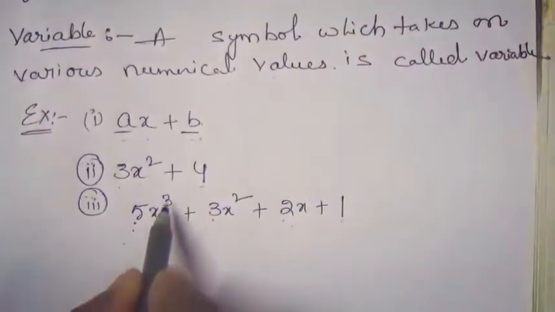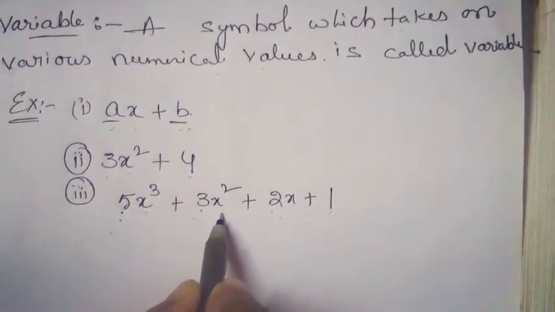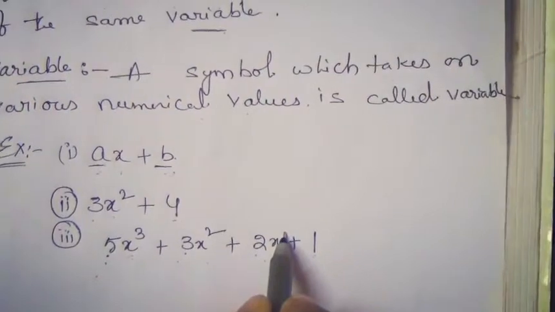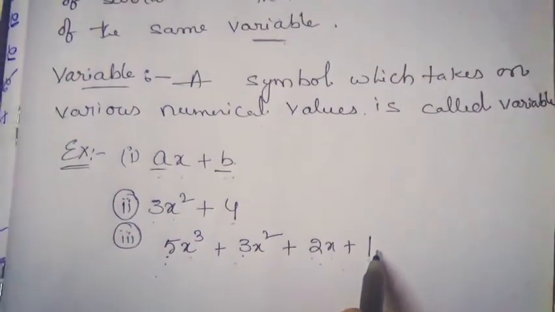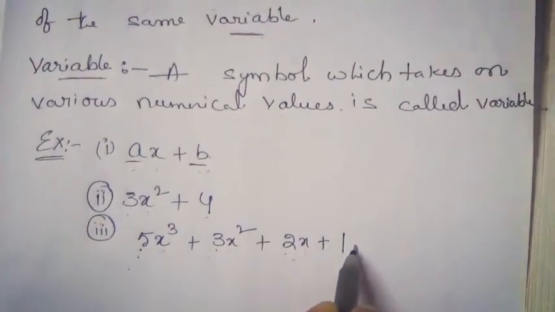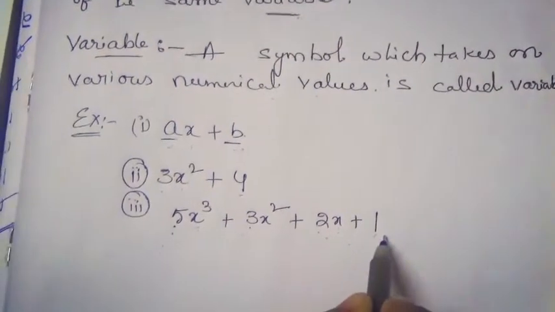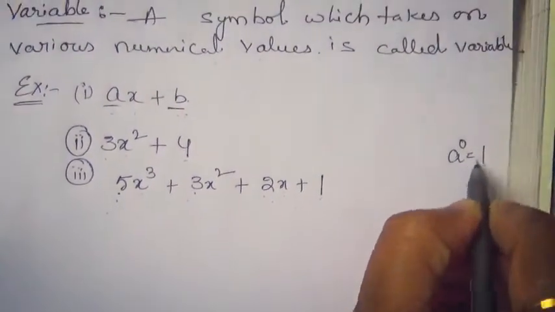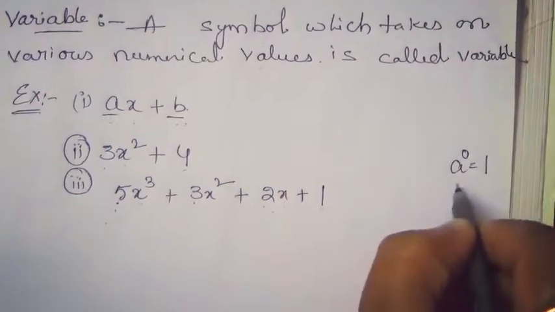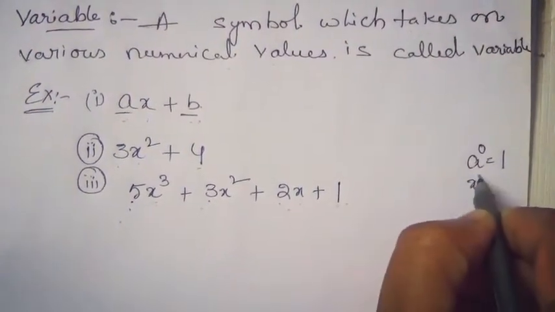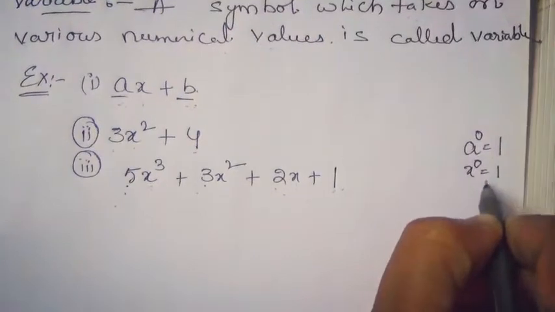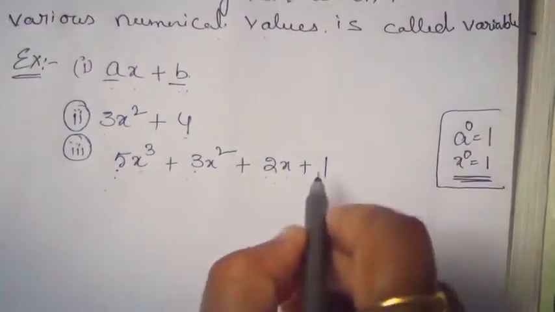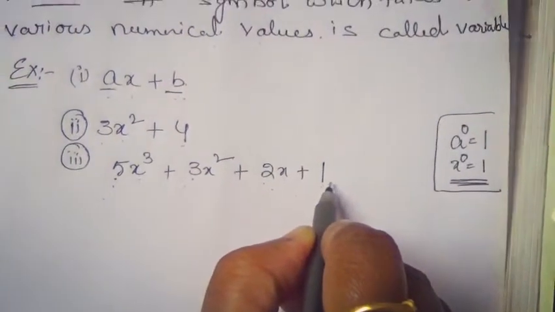Different powers means here we have power 3, here power 2, and here power 1, and we can write x to the power of 0. Why? Because anything to the power of 0 becomes 1. So imagine x to the power of 0 is also equal to 1. Hence here there is a power 0.